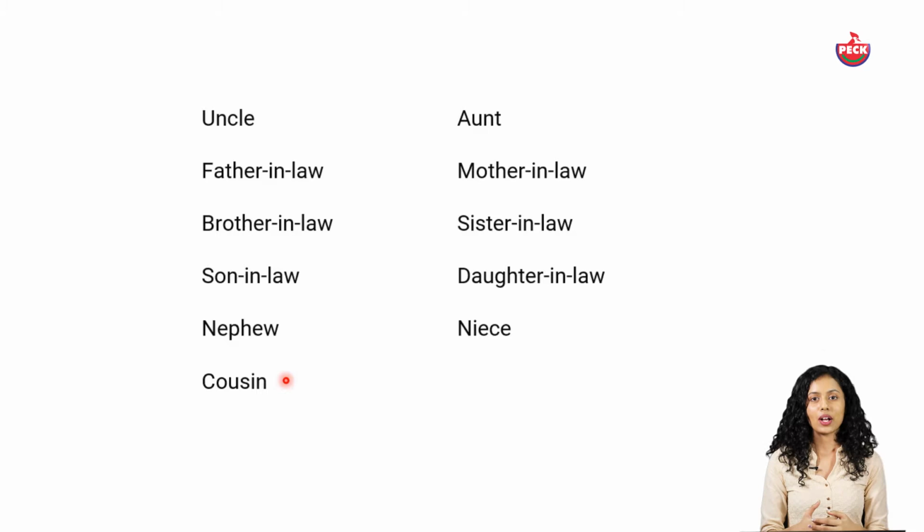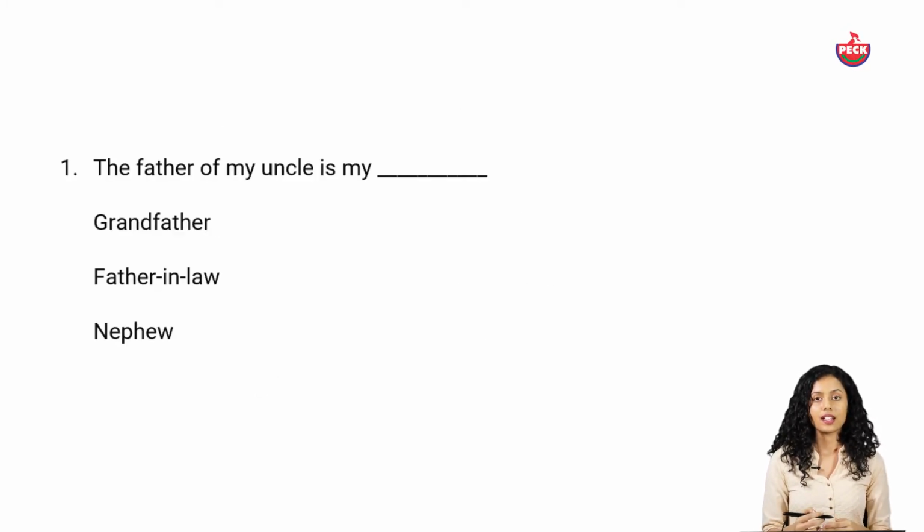That's about it. We've summed up all the members of the family. Now it's time for a short quiz. Let's see if you get these answers right. Let's go to the first question. The father of my uncle is my blank. Who is the father of your uncle?